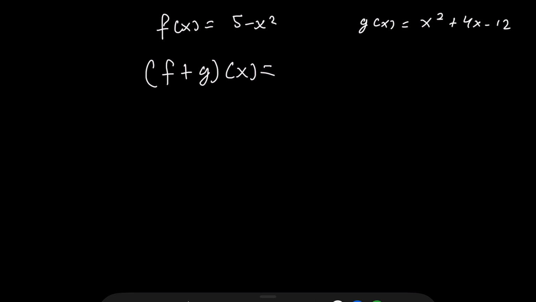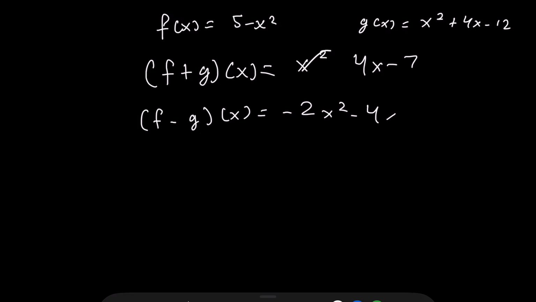Now you may be wondering, how do we do this? Well, you pretty much just add the functions together. But the x squareds cancel, right? So you just get 4x minus 7. That's what that is. Now we can do the same thing with subtraction, and if you actually do a subtraction, you'll get negative 2x squared minus 4x plus 17.